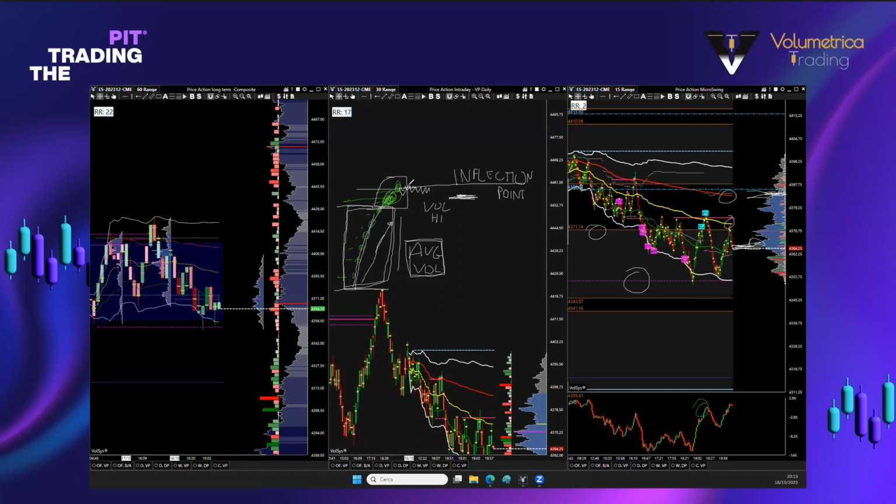Absorption is basically a strong energy being put into the market, but which is not able to push price higher in proportion to the strength of the volume and the delta involved in that effort.